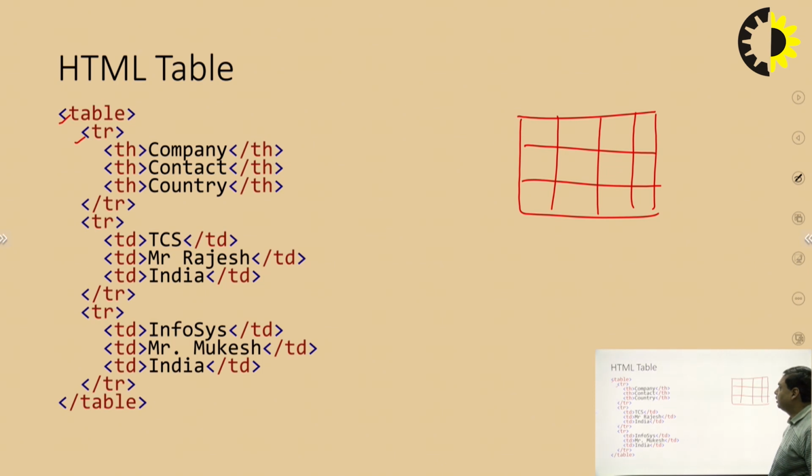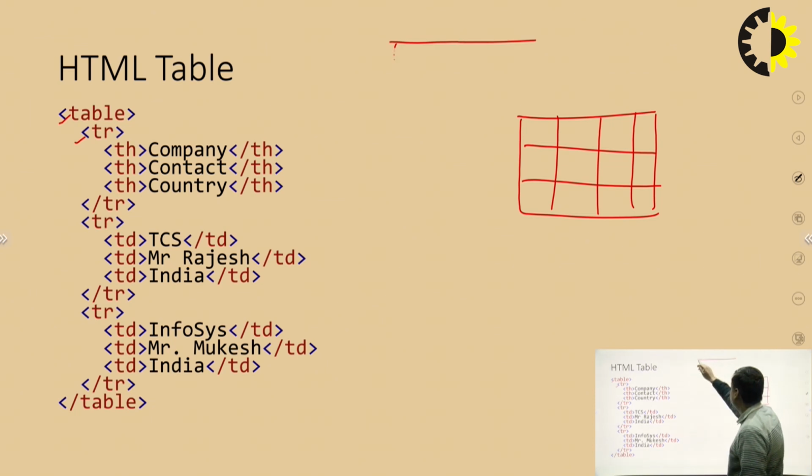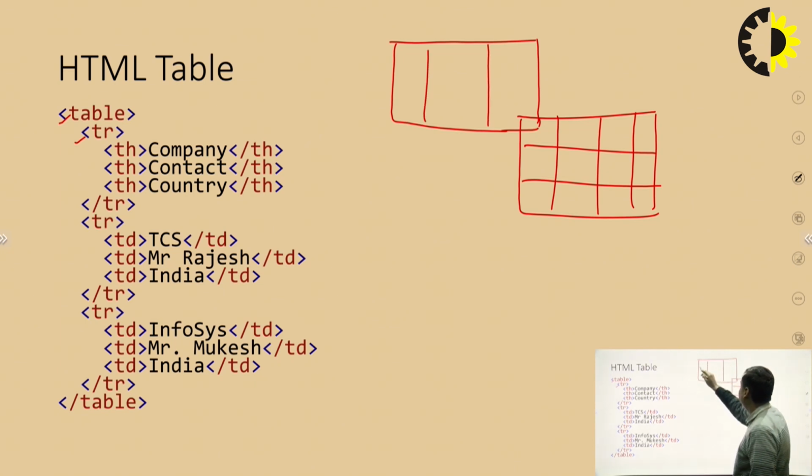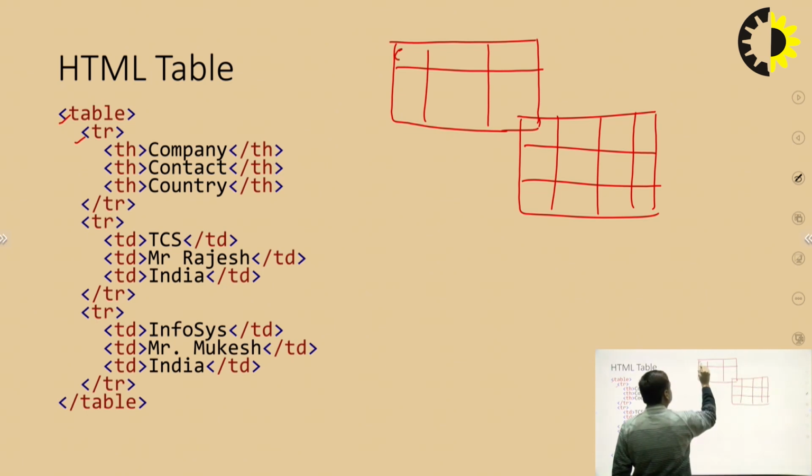Then we can give the headings here. Basically we have three headings: company, contact, and country. So that is the end of the table row. We can say it will display a table of three columns, 1, 2 and 3, and the headings will be here: company, contact, and country.